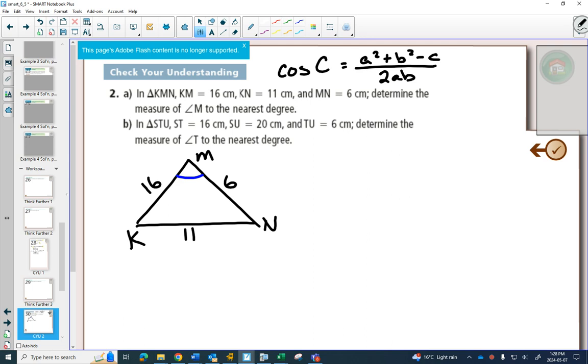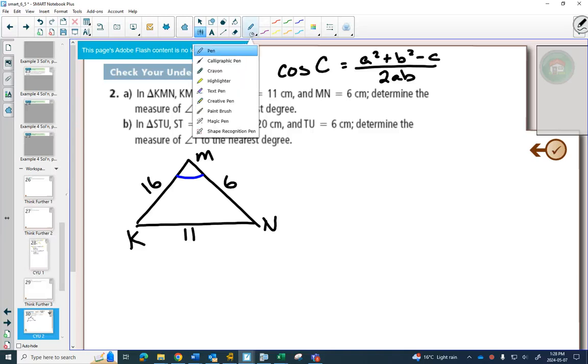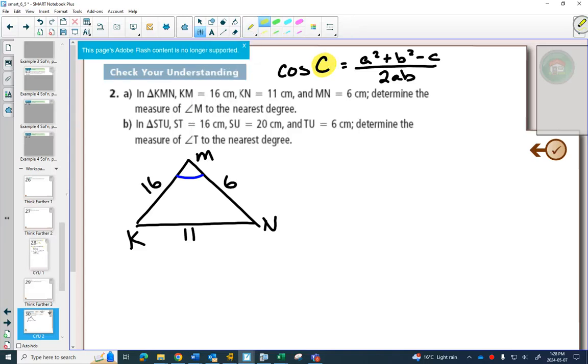This is on your formula sheet. That cos of c is a squared plus b squared minus c squared over 2ab. And once again, we're going to highlight the only letter that appears on both sides, the only letter that goes with the c, and those are a side and opposite thing.